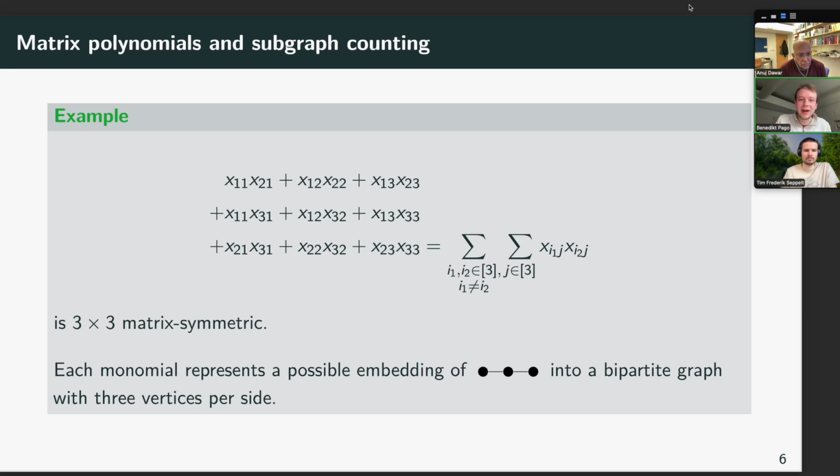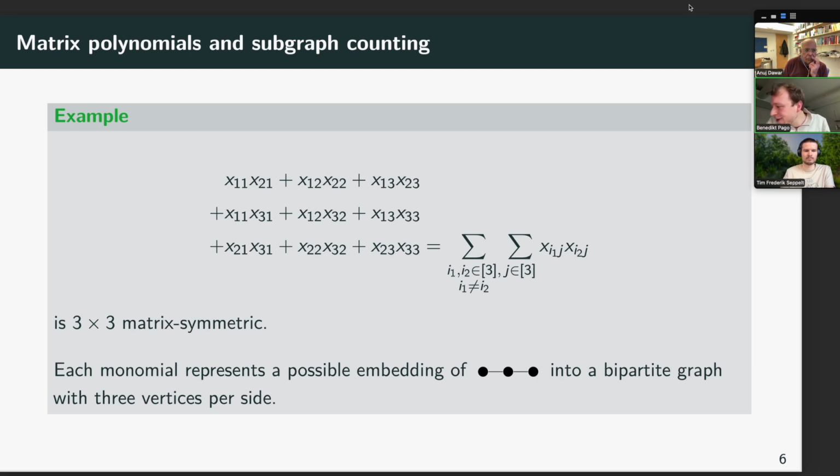So this is like an enumeration of all possible embeddings of this three vertex path into an unspecified bipartite graph with 3 vertices per side of the bipartition. If you evaluate this on a concrete biadjacency matrix of a bipartite graph, it will tell you exactly the number of occurrences of this 3-path as a subgraph of the target graph that you have plugged in. And this is generally true for every matrix symmetric polynomial.